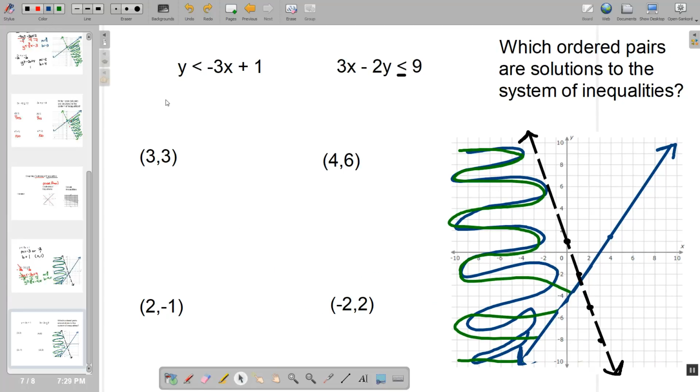Once again, I want to check to see if these ordered pairs are a solution to the system of inequalities, which means are they in the shaded region of both lines. The point (3, 3) is right up there.